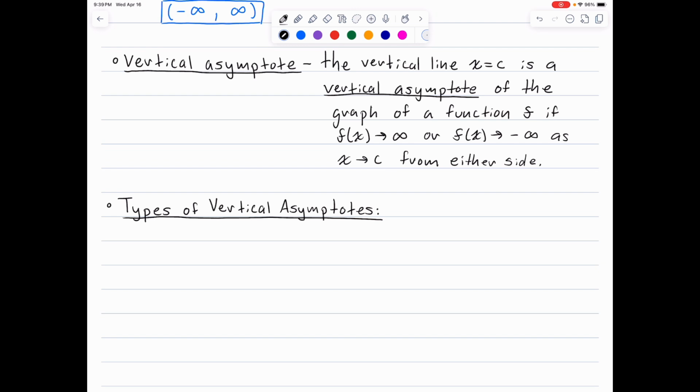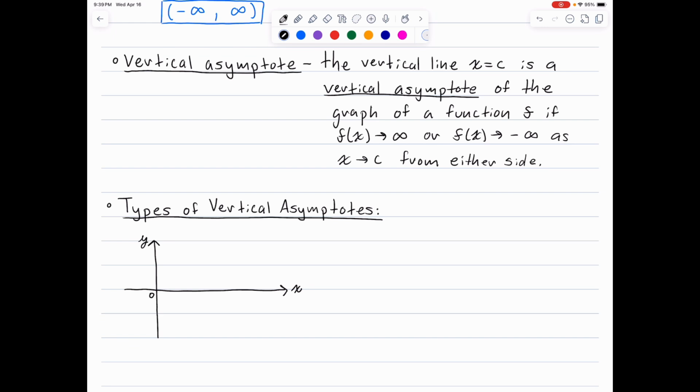Alrighty, so here I have my x-axis and my y-axis, 0.